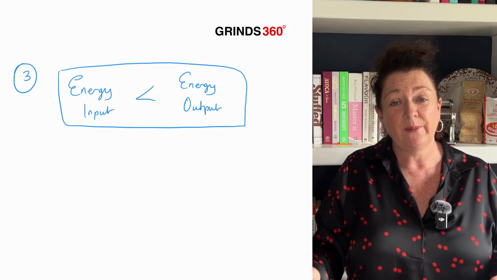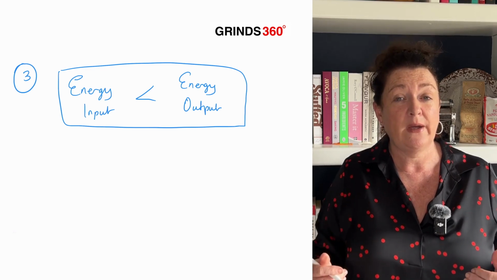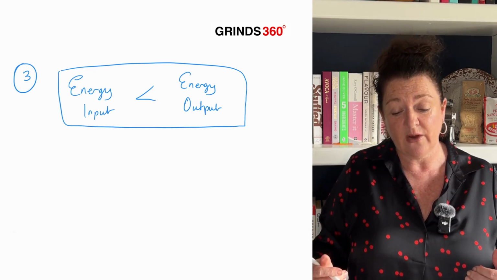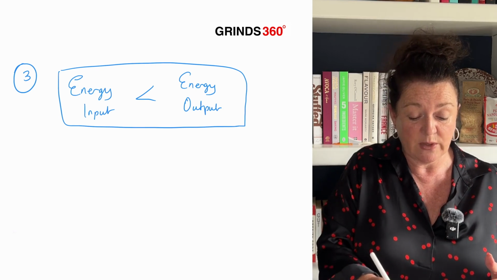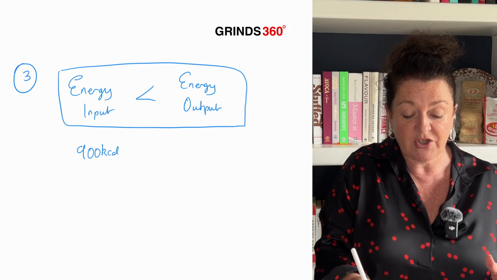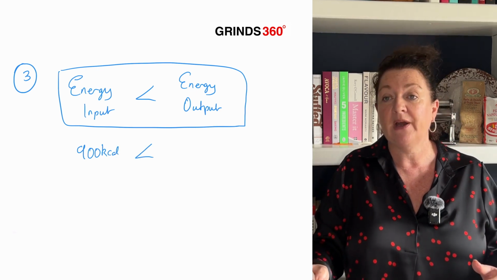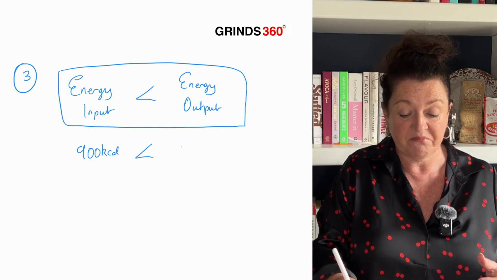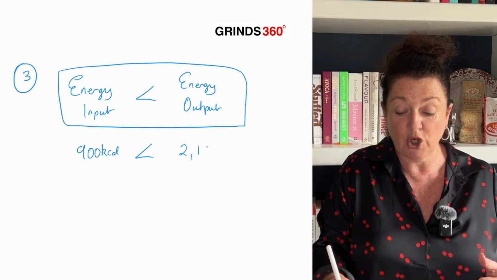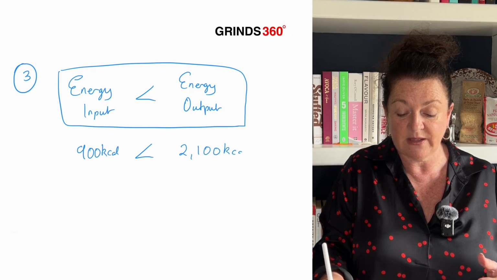However, some people go below this amount of kilocalories, and they might be dramatically low. They might go as low as maybe 900 kilocalories, and yet they are doing a lot of exercise, and they're using up maybe 2,100 kilocalories as a female.